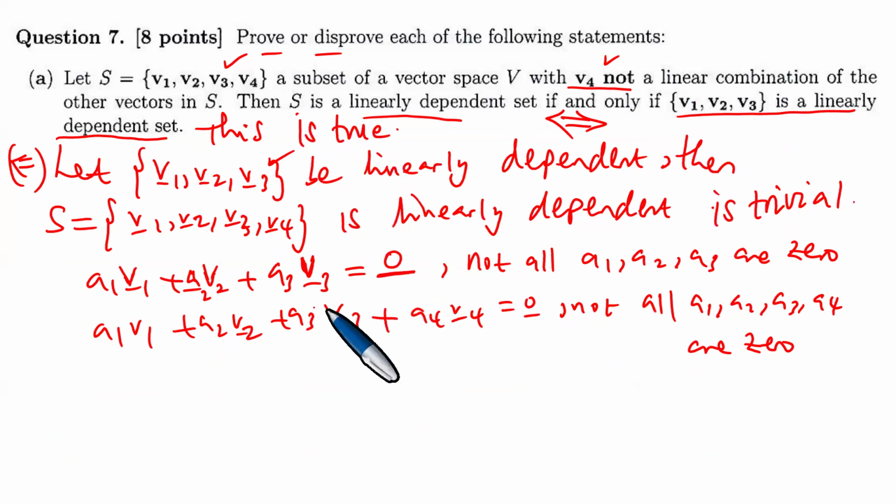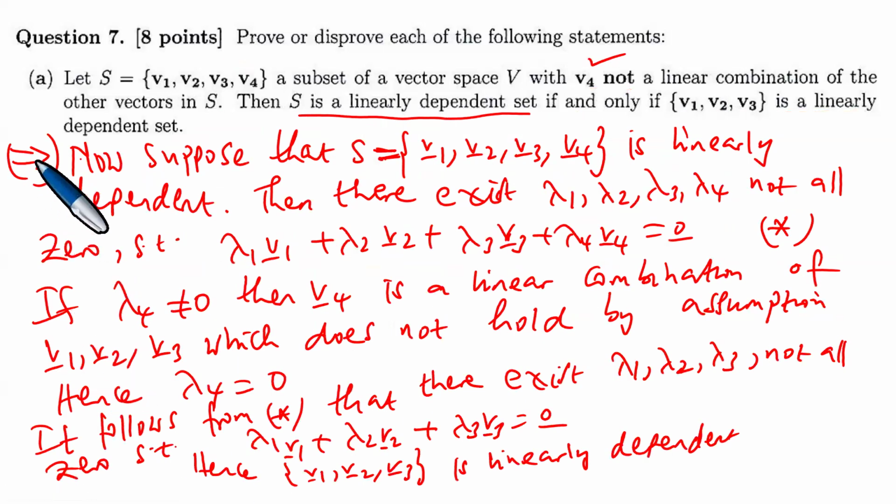From fewer vectors, we extended to 4 vectors, and the 4 vectors become linearly dependent, because even if we add just one more, the A1, A2, A3 are still not all 0.